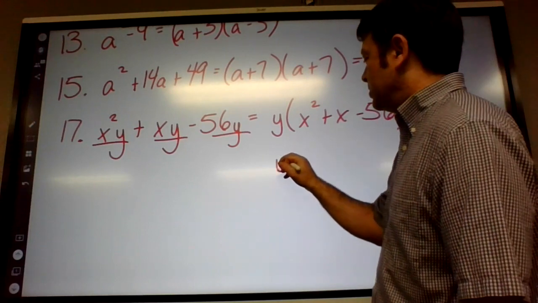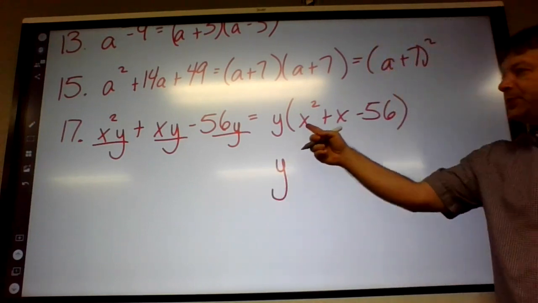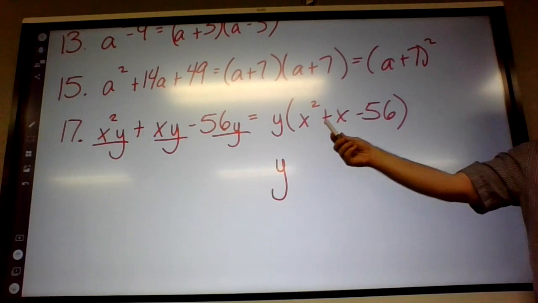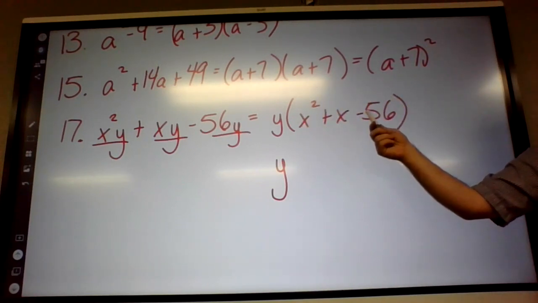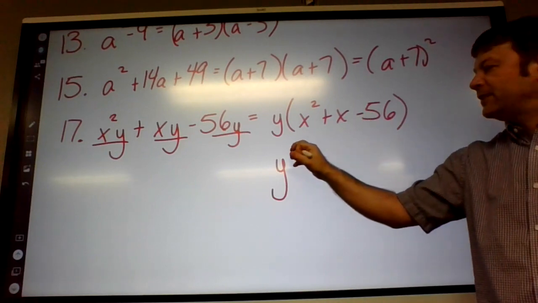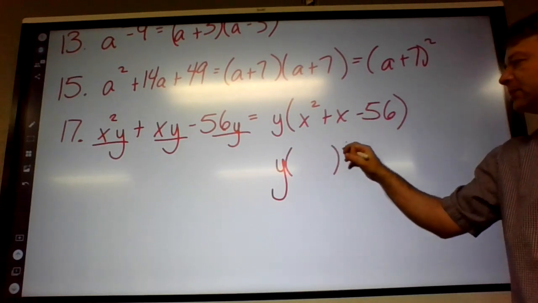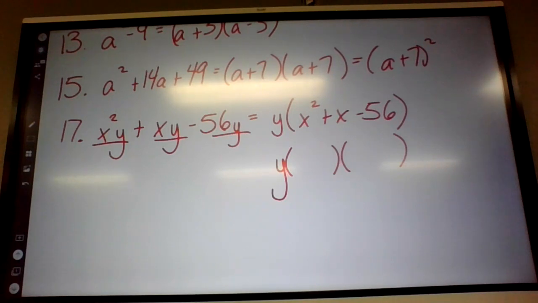All right. Then, in parentheses, just like yesterday, after we took the Y out, it leaves us with something in the 3-term factoring family.